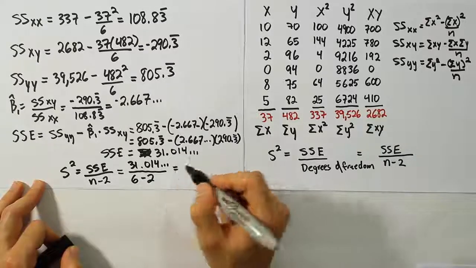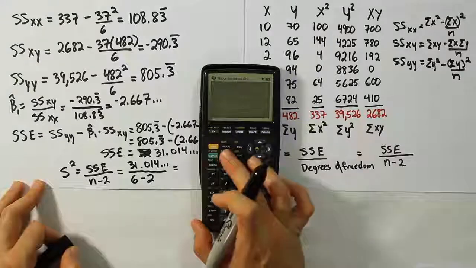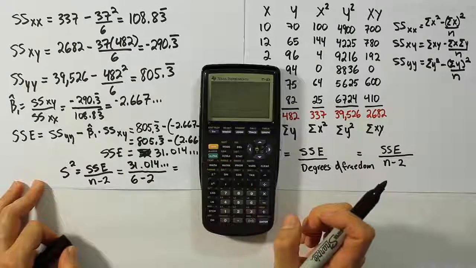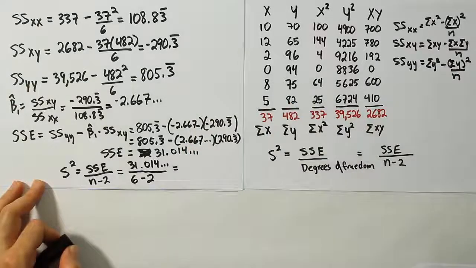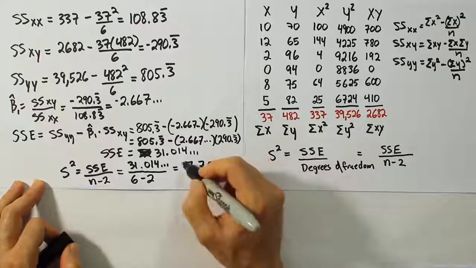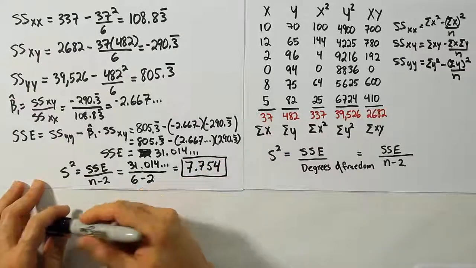And 6 minus 2, of course, is 4. So when you do that, you end up with the value we just had, x divided by 4, and that'll work out to be 7.754. 7.754 if rounded to 3 places. So that's your variance, your estimate of the variance.